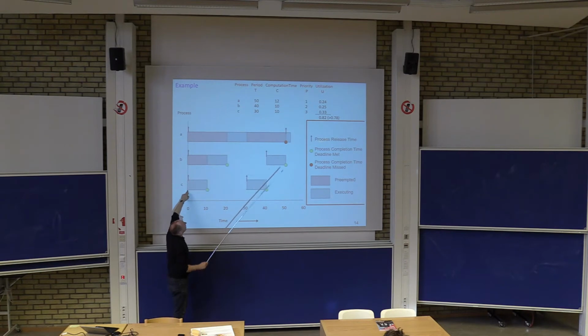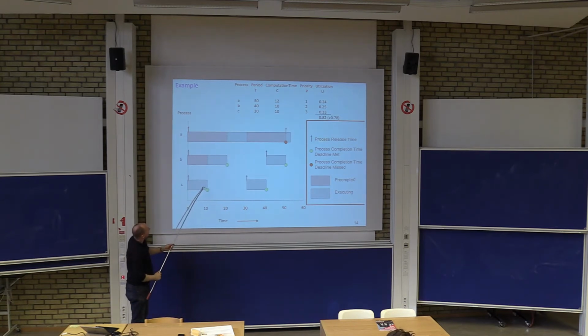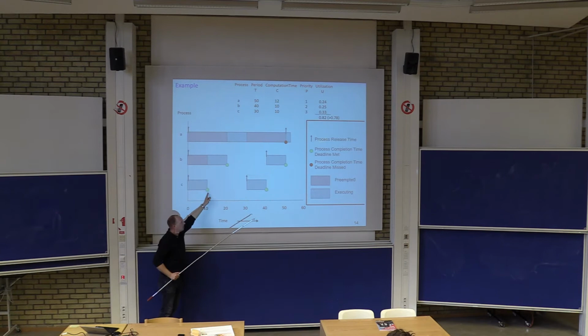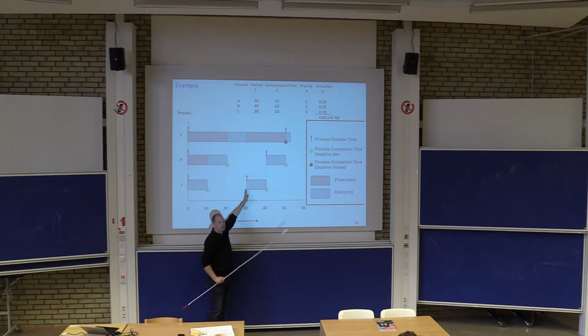It takes 10 time units to complete, so it will be done here. And now it will be blocked, and it will be released again at the start of the next period. So it will be blocked until this time.